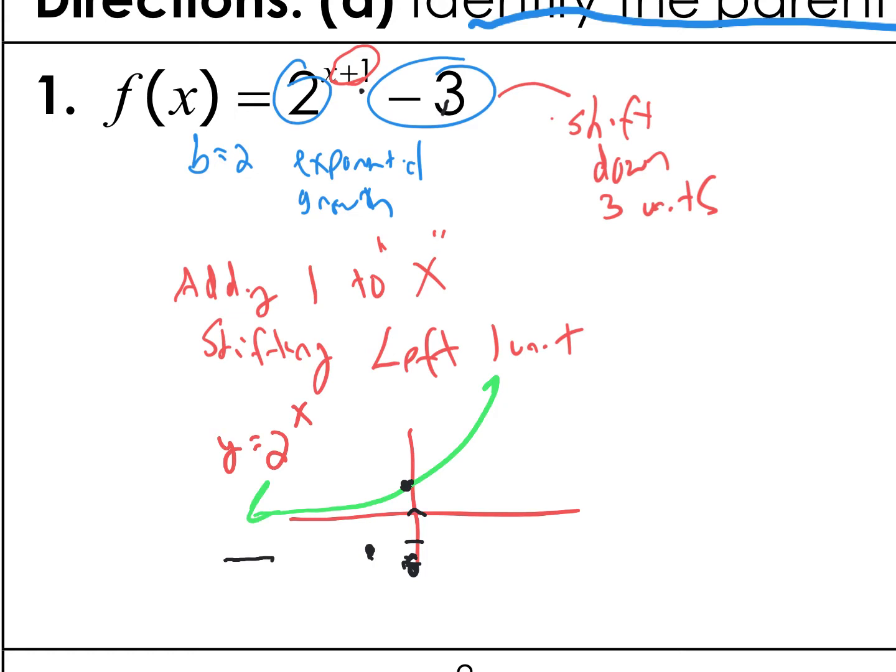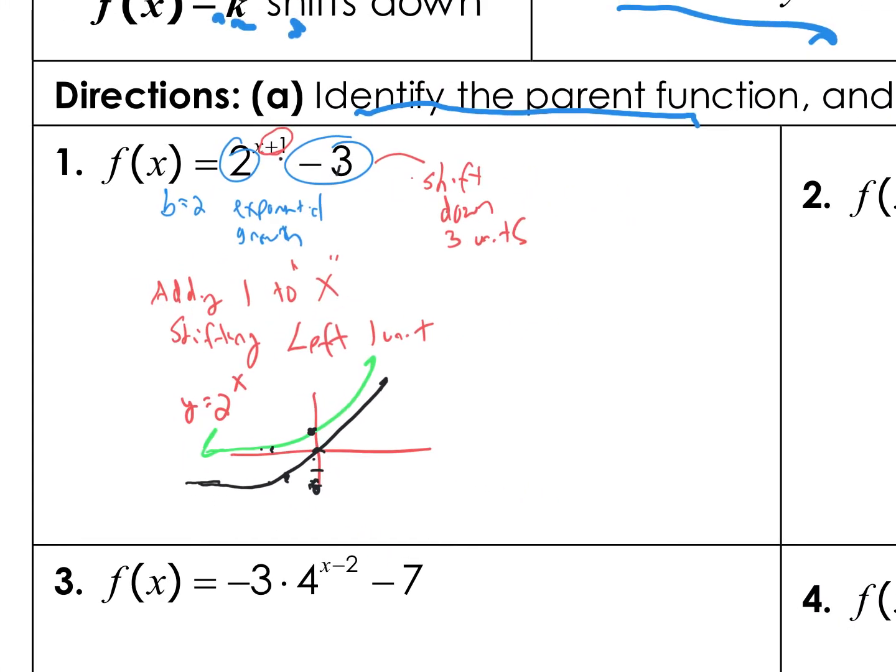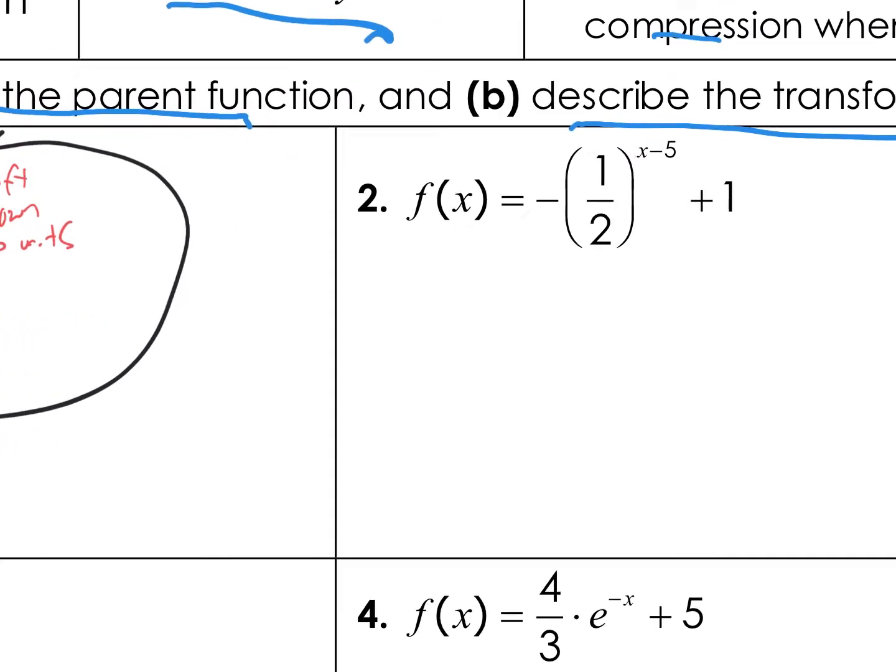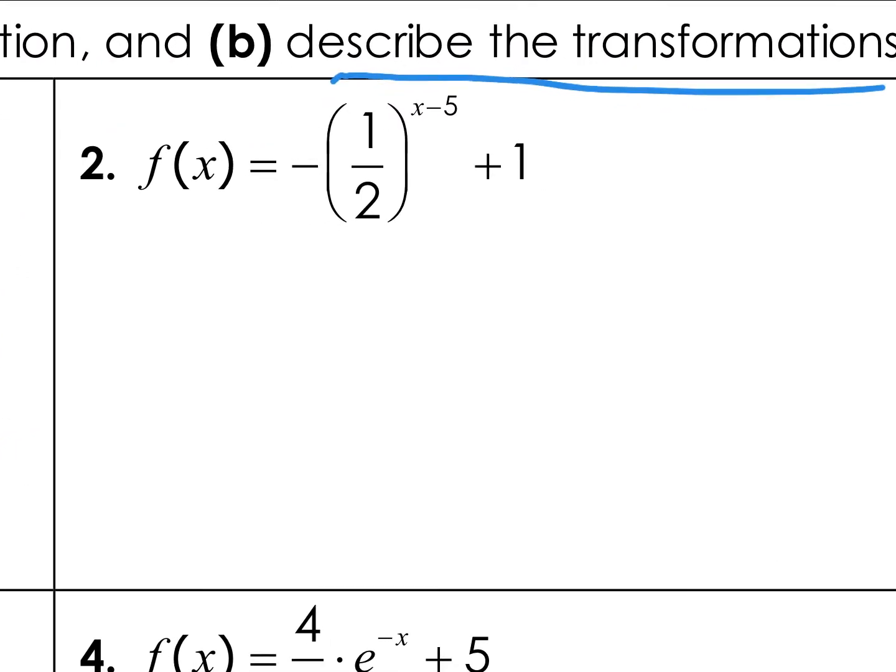I've got to make sure what else goes down. It's going to do something like that, because it has to shift left and it has to shift down. So that would be that function here, at least roughly. He didn't ask us to graph, so I won't graph the rest.